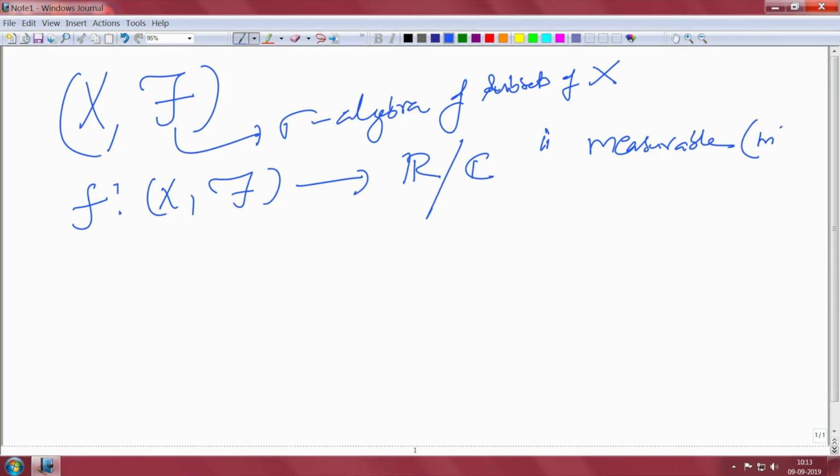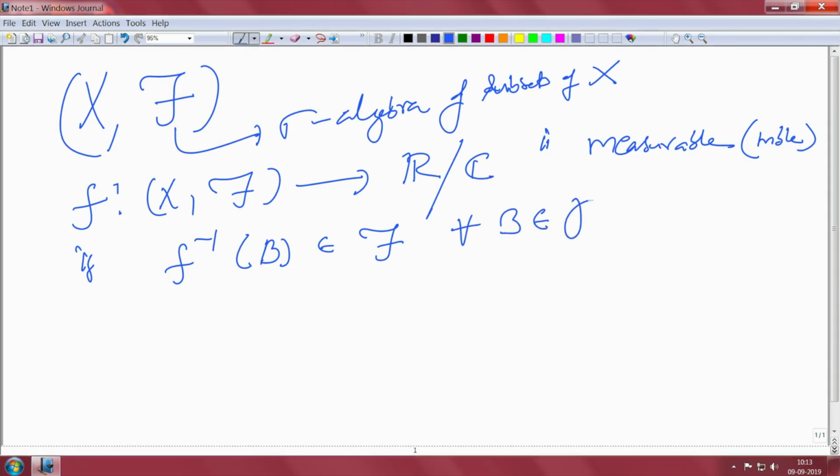We will denote the abbreviation MBLE, measurable, if f inverse of any Borel set belongs to our sigma algebra, for every B in the Borel sigma algebra of R or C, right. Okay. So, we saw this yesterday in the last lecture.